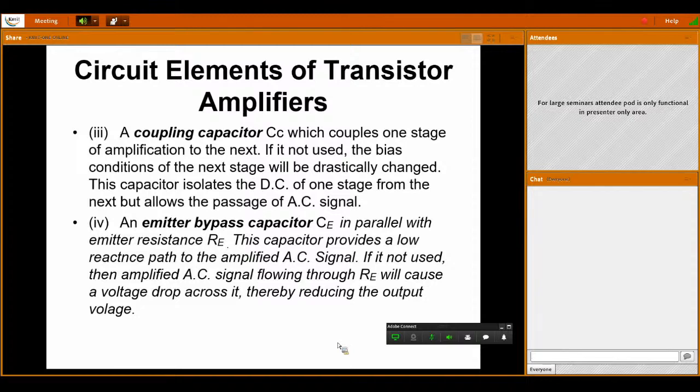So the next component in your amplifier is the emitter bypass capacitor. Now, if temperature increases, then the amount of collector current changes. In order to control that, we have to connect an emitter resistor at the emitter terminal. The voltage drop which occurs at the emitter resistor can compensate the increase or decrease of collector current by varying the emitter voltage.